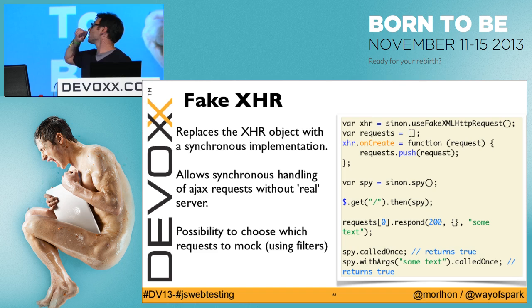Like we can see there, you ask Sinon to use fake XML, and you define on the new XHR object that when a new AJAX request is created, you push it on a request queue. Then we ask jQuery to query a remote resource, and we can synchronously respond to the request.